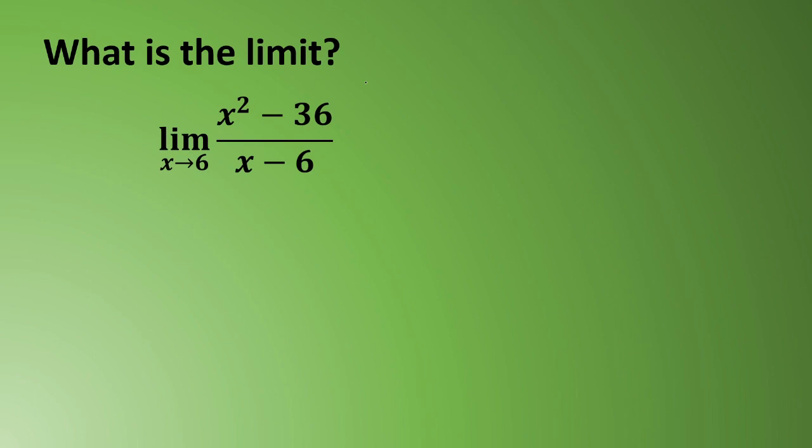Next we have x squared minus 36 over x minus 6 as x approaches 6. Let us identify first our f of 6. Doing straight substitution, we have 6 squared minus 36 over 6 minus 6. So this is 0 over 0. This is in indeterminate form, and we can use factoring to get our limit.